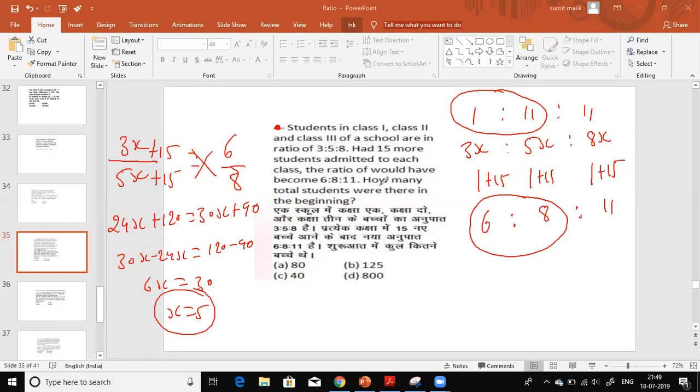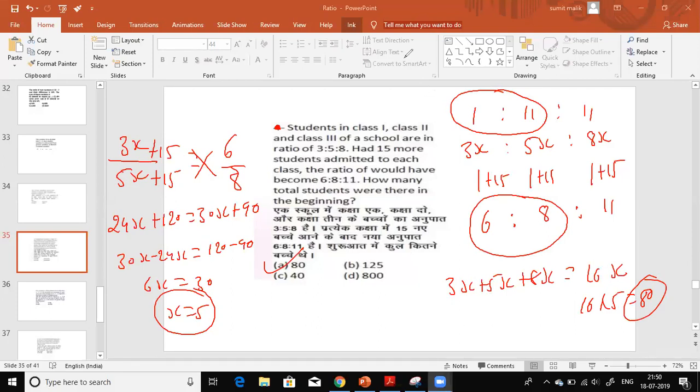Now what is it saying? How many total students were there in the beginning? 3x plus 5x plus 8x, that is 16x. And x is equal to 5. So 16 into 5, that is equal to 80 total students.